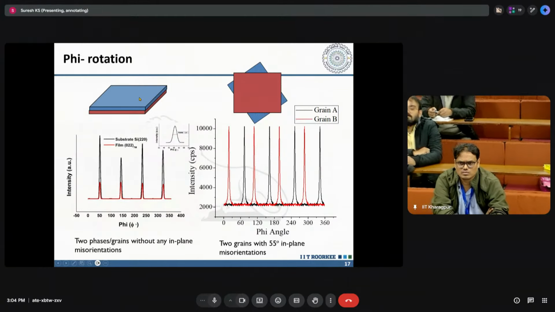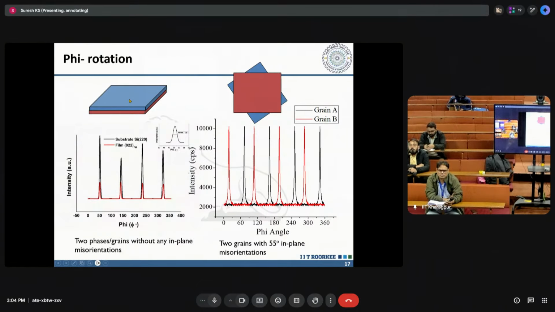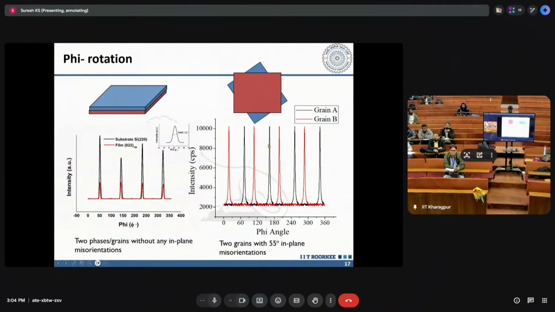Those constitute the out-of-plane misorientations. Out-of-plane misorientation one can also see, but it takes a little more experience in understanding how the chi tilt and phi rotations operate. The phi rotation is easier for understanding in-plane misorientations, wherein both the planes have the same HKL plane, but some reference UVW directions are tilted with respect to each other. That can be easily identified using this phi rotation. That is the example I have given here.